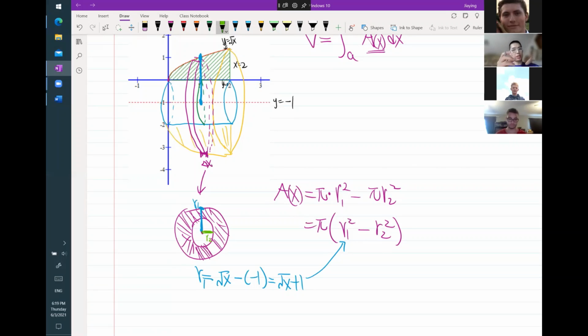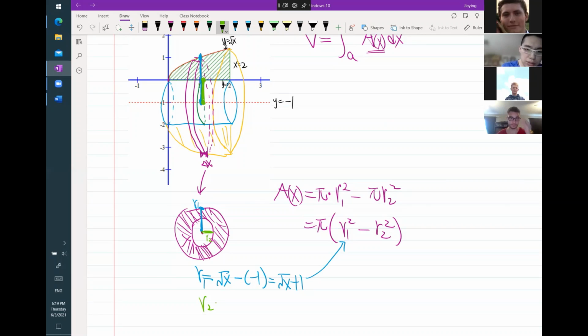R2 is the radius of the inner circle. That is given by the distance from the dotted line to the blue line, the x-axis, in the green segment here. That's the radius of the smaller circle, the radius of the cylinder.